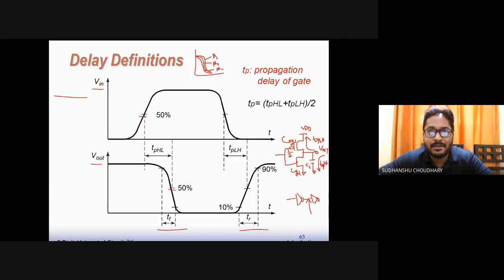So the VTC is not much affected by the device sizes or the capacitance associated with the device. It will not change largely, but yes, there is some change. The VTC will shift from left to right, but that shift is very minimal, unnoticeable in many cases, as you might have noticed.